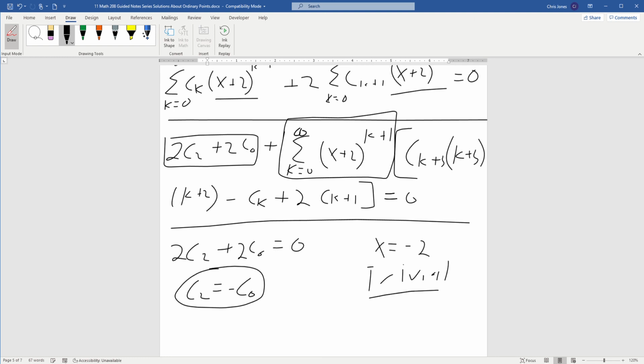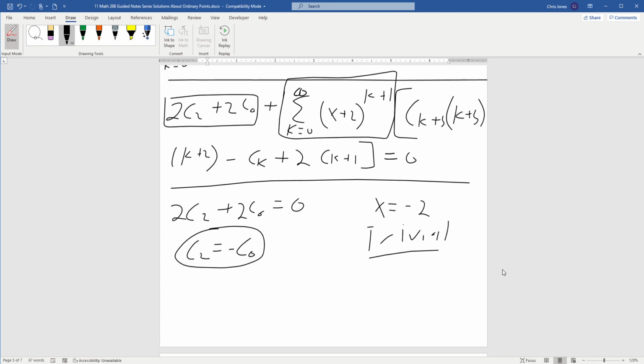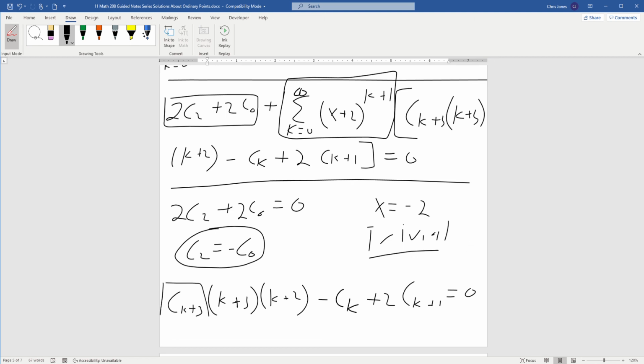Finally, the one that we really care about is the one with the c sub k's. We have c sub k plus 3, k plus 3, k plus 2, minus c sub k plus 2c sub k plus 1 equals 0. And we're going to solve that for c sub k plus 3. The goal is always to solve it for the highest order term, so that we can get that term in terms of the previous ones.